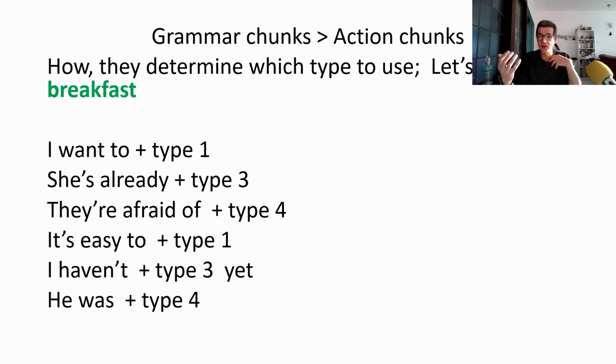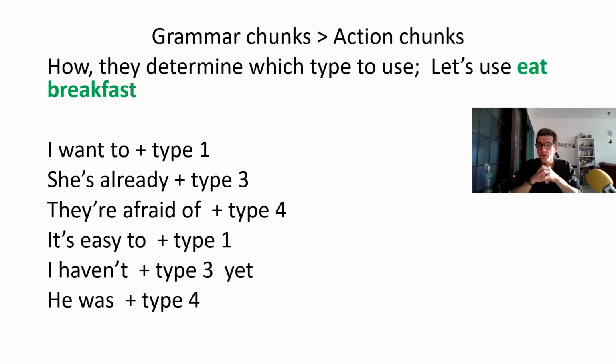What's the relationship between grammar chunks and action chunks? Grammar chunks are stronger than action chunks. They determine which action chunk to use, whether it's a type 1, type 2, type 3, or type 4. We've got some examples here, using eat breakfast.